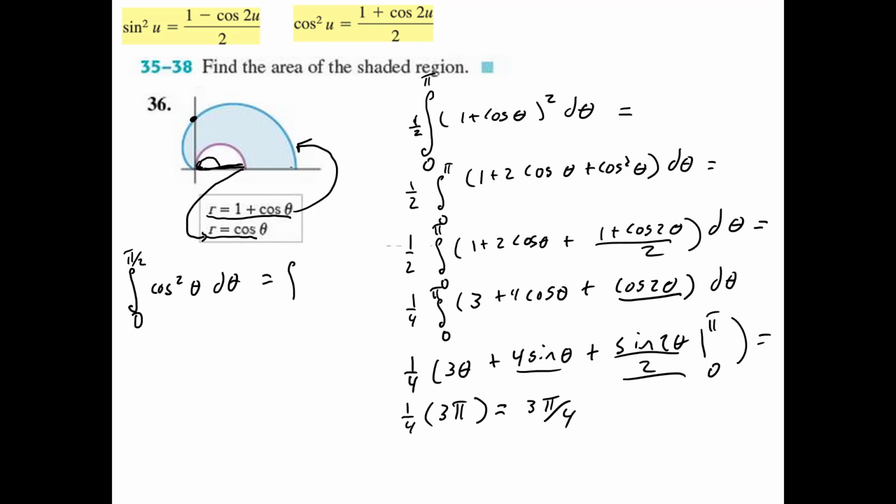Again, we apply the formula because I can't do anything with that, so the 1/2 is going to come out here. And you will have the 1 plus the cosine of 2 theta d theta. Basic antiderivative. So we'll go ahead and find the antiderivative now, leave that 1/2 outside. Theta plus sine of 2 theta over 2, and we're evaluating this from 0 to pi over 2.